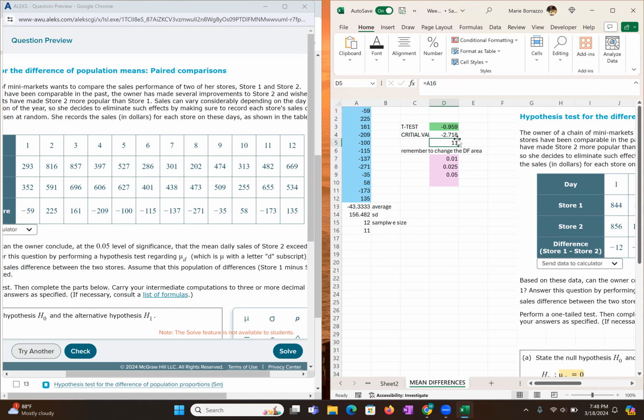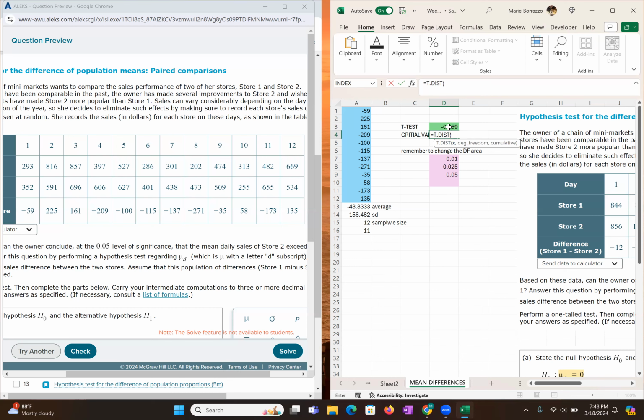I would go with, on this one, if we're gonna go critical value, this is T.DIST, not inverse. So I'm gonna erase this. And I'm gonna go equals T.DIST.